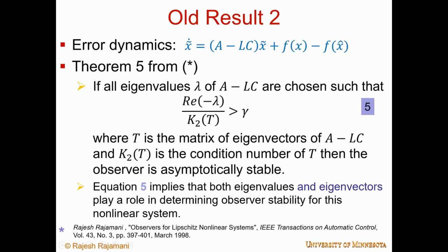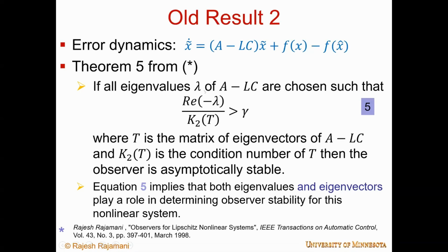Here is yet another result from 20 years ago. This result says that if the eigenvalues of A minus LC are chosen such that the real part of minus lambda for all the eigenvalues lambda, divided by the condition number of the eigenvector matrix, is bigger than the Lipschitz constant, then the observer is asymptotically stable.